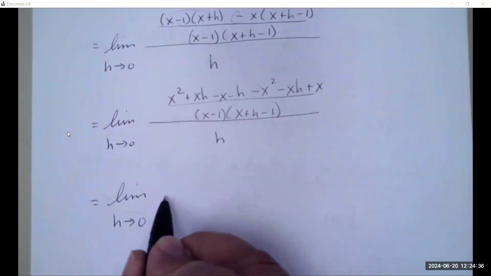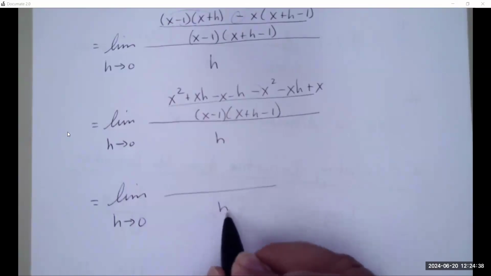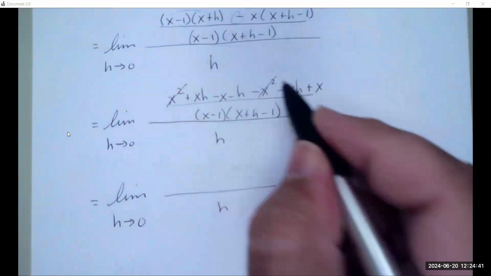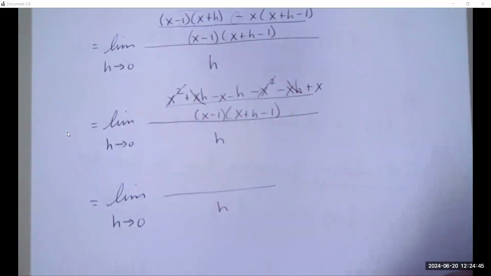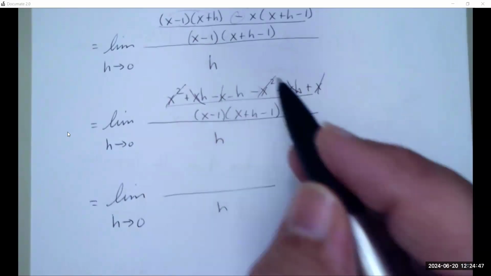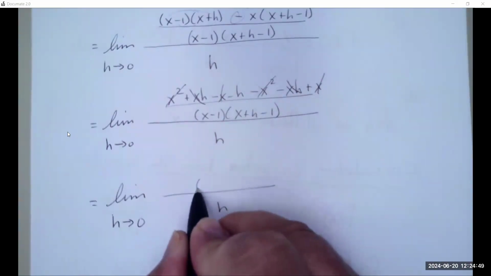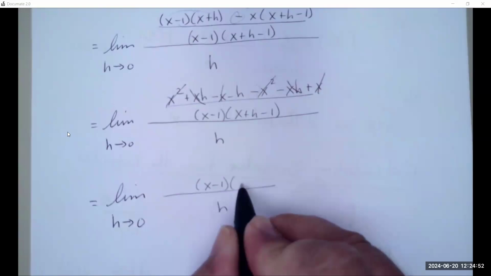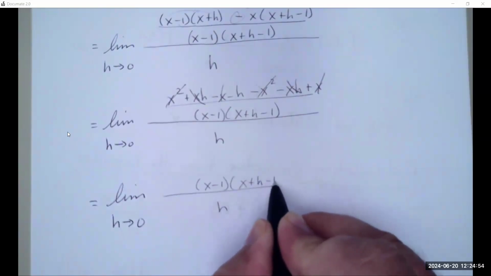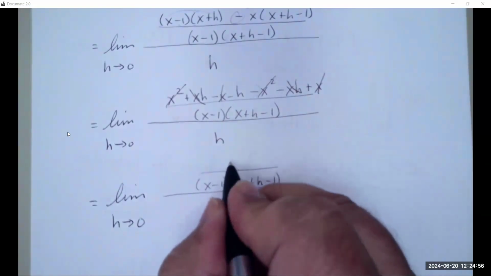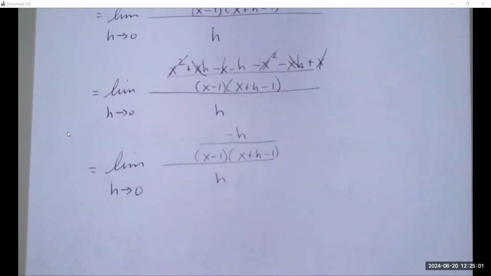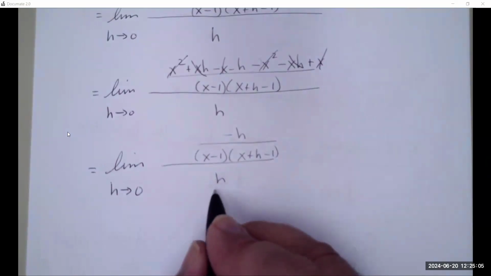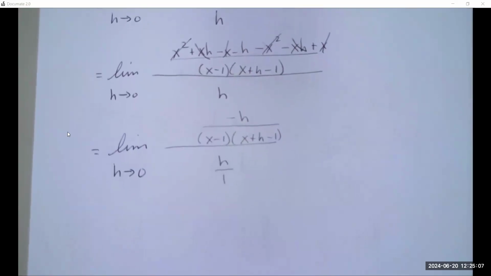Limit as h approaches 0. The x squareds cancel. The hx terms cancel. And the x's cancel. So we have x minus 1, x plus h minus 1 on the bottom, and a negative h on top. This is all over h over 1.